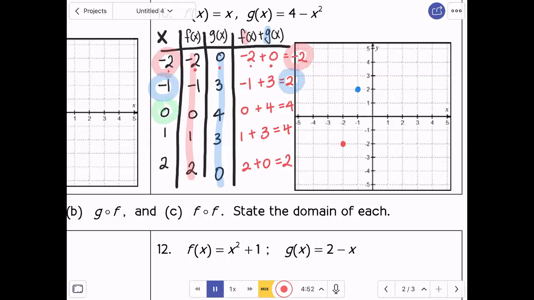Now when x is 0, your y is 4. When x is 1, your y is 4. And when x is 2, your y is 2. Then I think we are going to connect them.